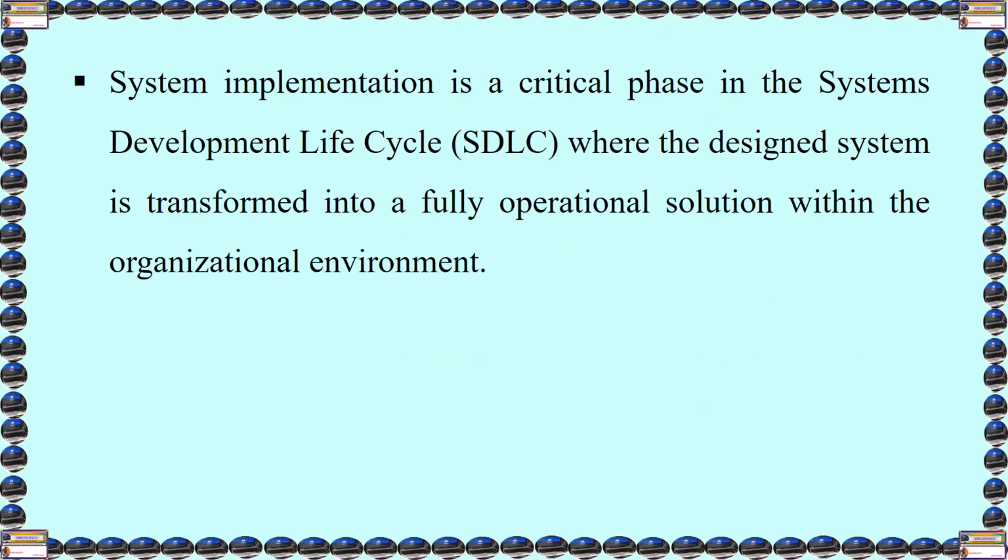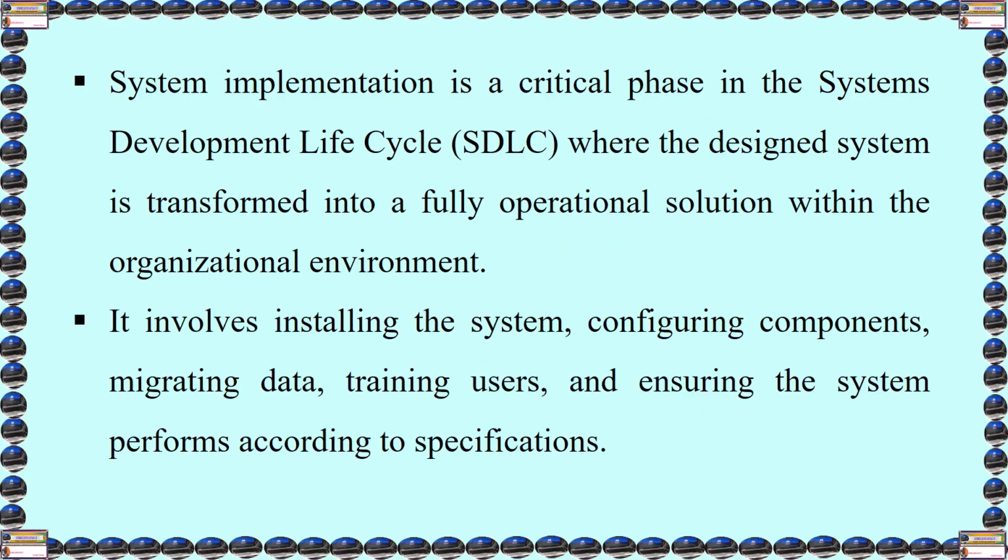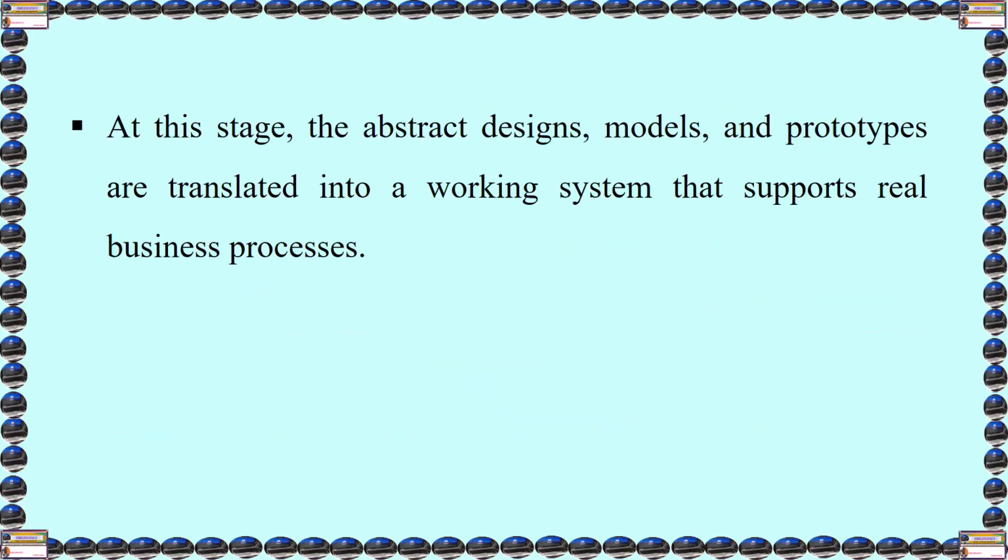System implementation is therefore a critical phase in the system development lifecycle where the designed system is transformed into a fully functional or operational solution within the organizational environment. It involves installing the system, configuring components, migrating data, training users, and ensuring the system performs according to the specifications.